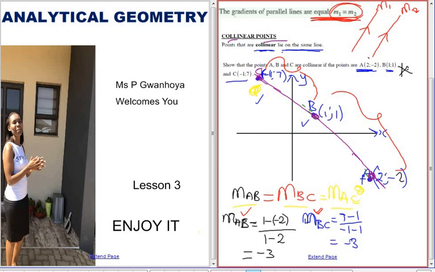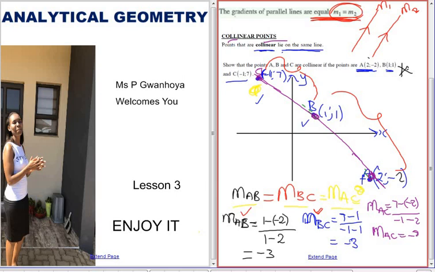But just to emphasize what we are doing here, I'm also going to calculate the gradient of AC. So I'll say 7 minus minus 2, all divided by negative 1 minus 2. This time we have 9 on the numerator, 7 plus 2, divided by minus 3.